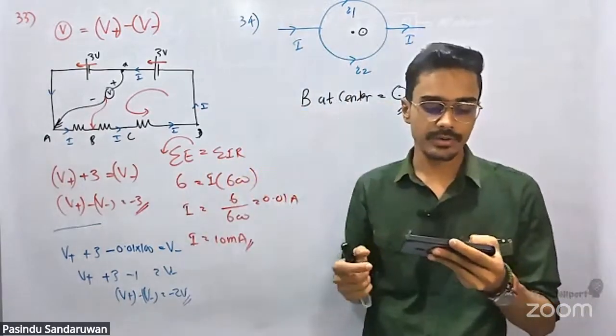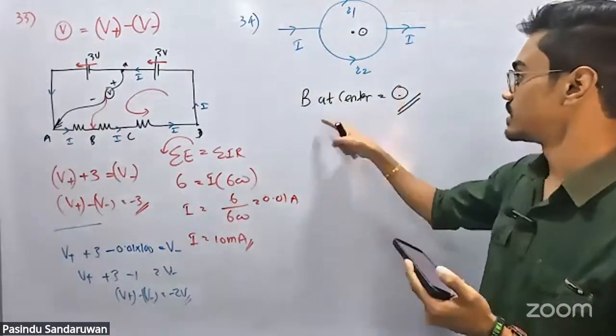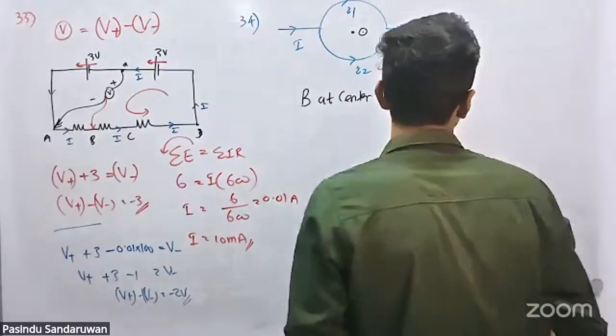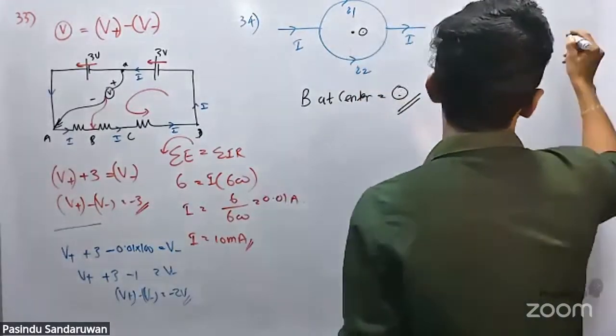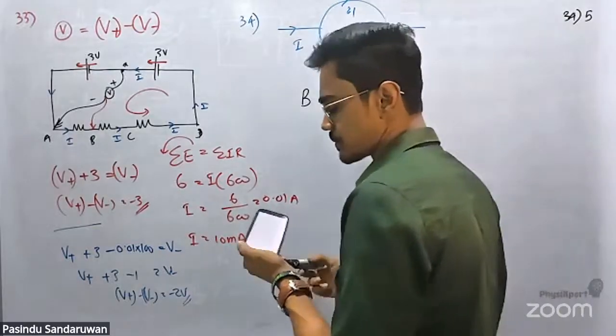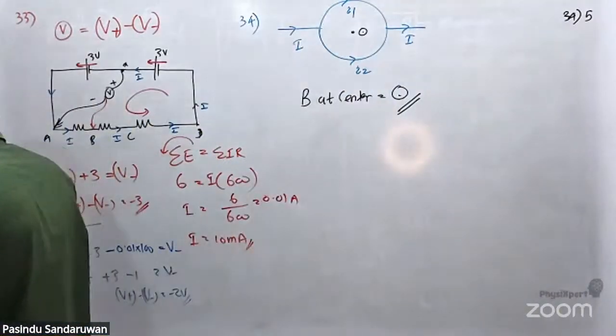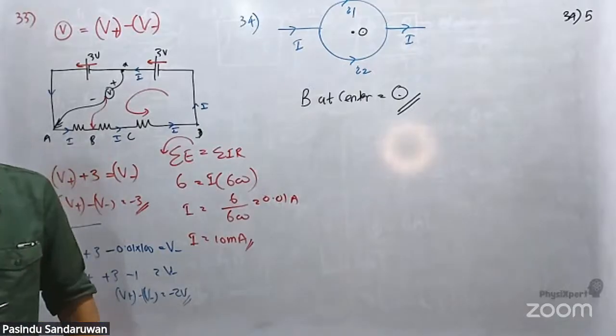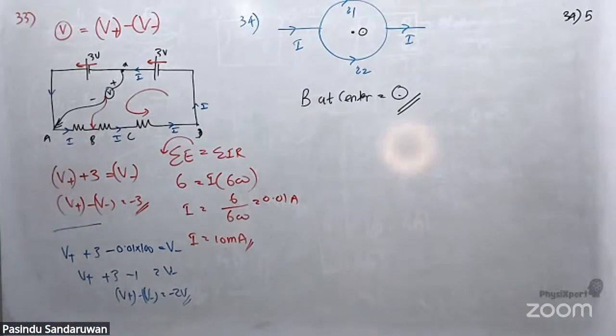Answer is 5. At center that is always 0. For 34, answer 5. For circular loops, we prove it in magnetic fields.